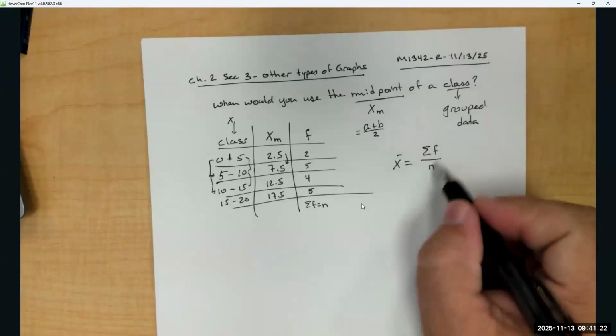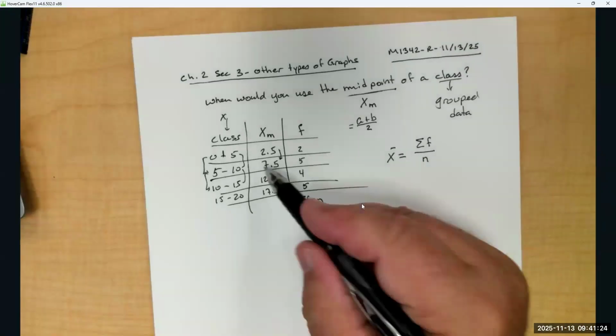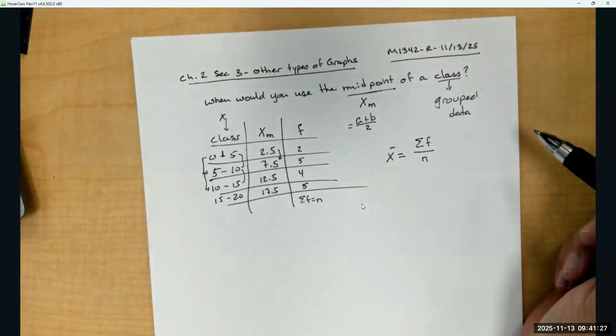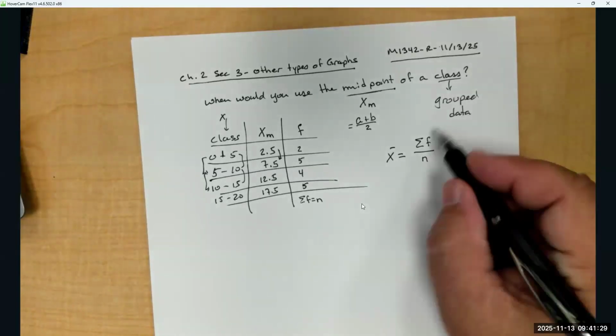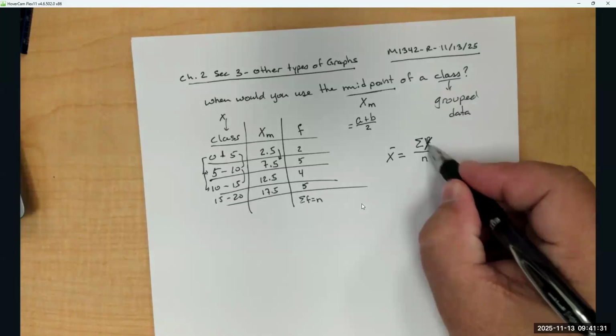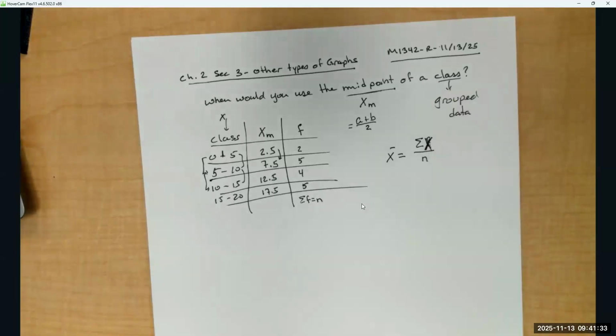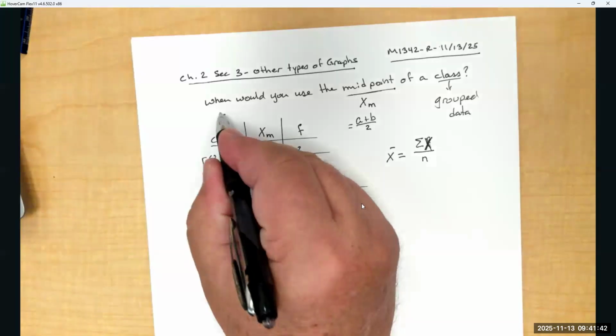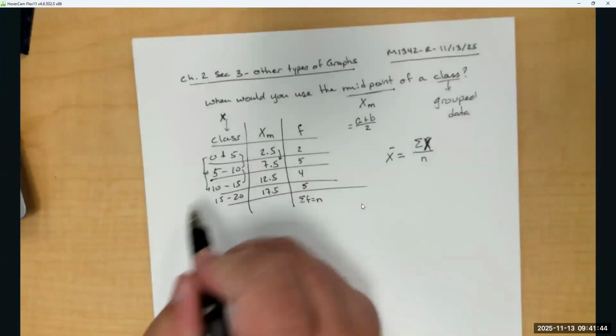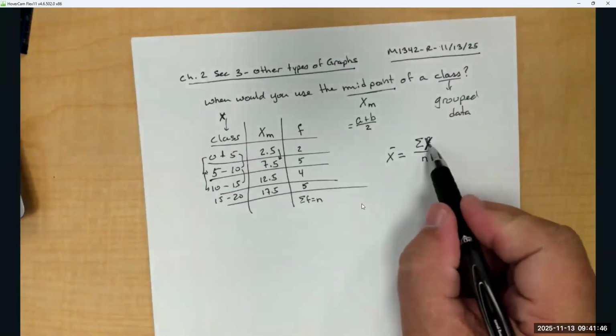But if you look at this formula here, it won't work for classes. Actually, it should be X, not F. Let's add up all the data, because all the X's are here. So what number do you put in there?